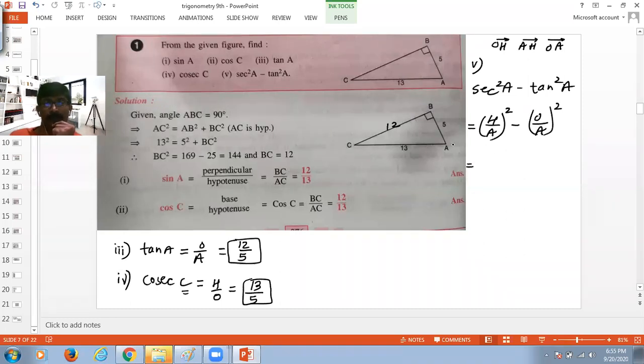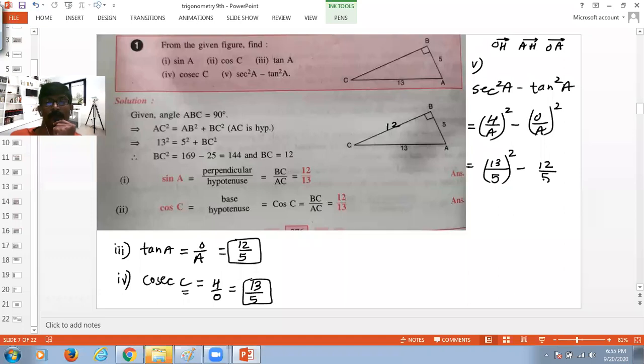We'll have to go through there. So this will become hypotenuse, this will become opposite, and this will become adjacent. So hypotenuse is 13 with respect to A, this is adjacent, that is 13 upon 5 the whole square, minus opposite upon adjacent, that is 12 upon 5 the whole square.